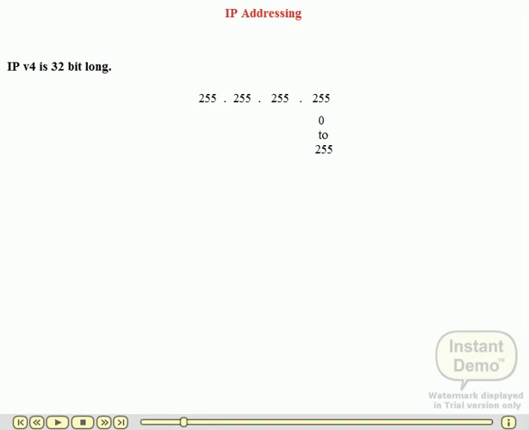For the last lower digit, you go from 0 to 255. The second lower digit, you also go from 0 to 255.